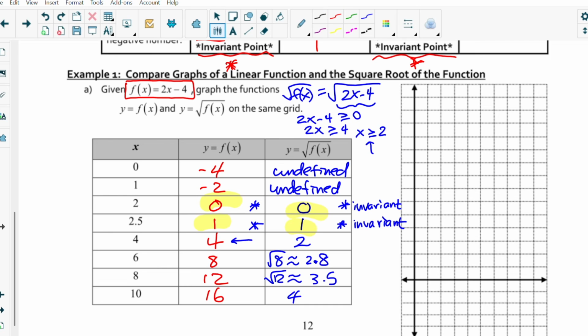And let's graph this. So first I'm going to graph the red line, which is y equals f of x.